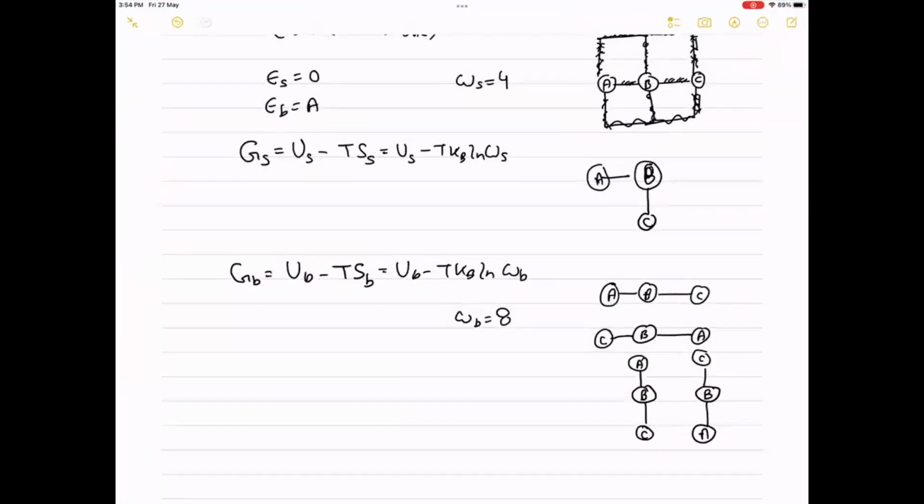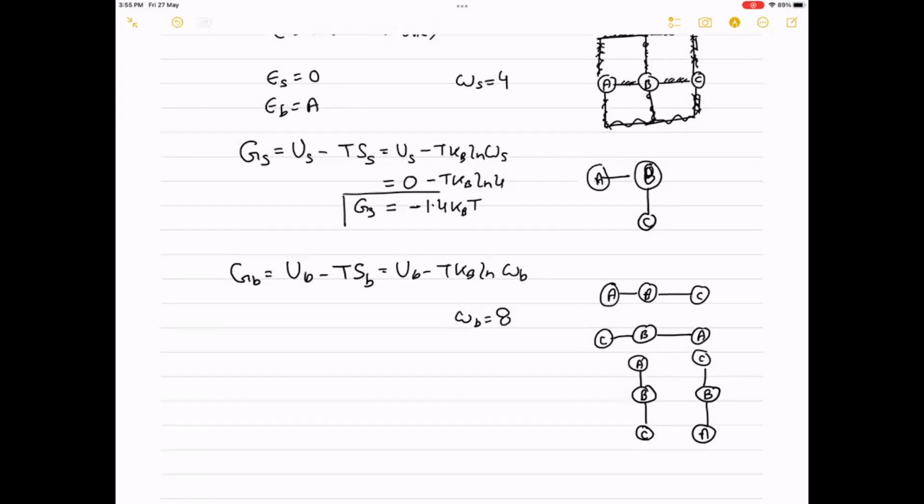What we have found is that the average energy of the straight macroscopic state will be equal to 0, because there are 4 configurations each with energy 0, minus T kB ln 4, and the value of ln 4 is 1.4, so this becomes minus 1.4 kBT.